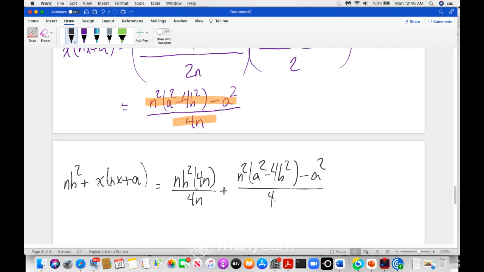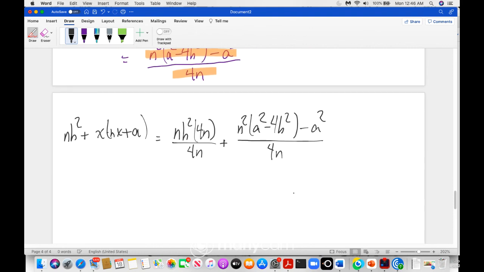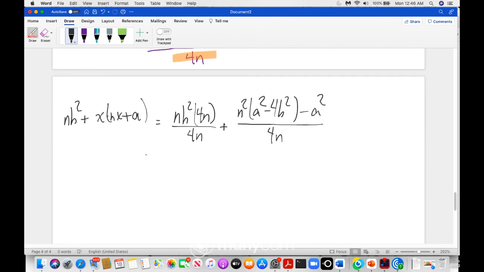Okay, which is going to end up being what? Well, this is 4n squared h squared for my first term, this term. And then I'm going to go ahead and distribute the n squared to both of these. So I get n squared a squared minus 4n squared h squared minus a squared.